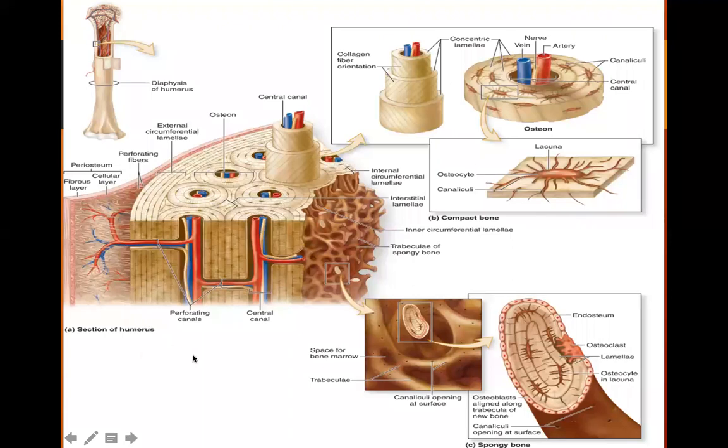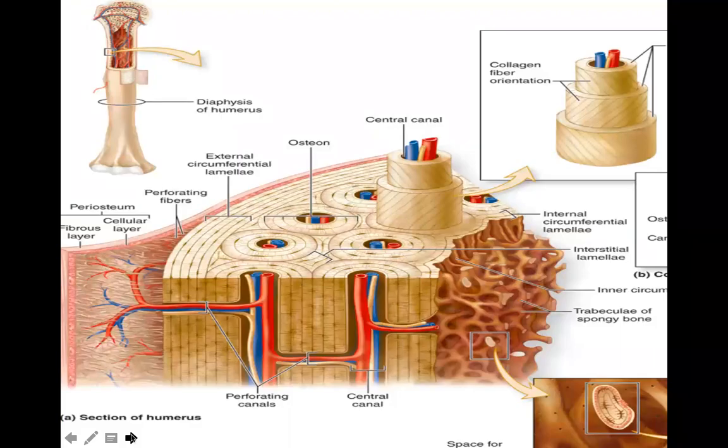This is taken from Junqueira. This is an illustration showing you a cross-section of the diaphysis of the humerus. As mentioned, this is the periosteum, and we have the endosteum, the outer and the inner layer, and your perforating fibers or Sharpey's fibers. From this tip of the pointer up to this area is your compact bone. Inside is more of the spongy bone.